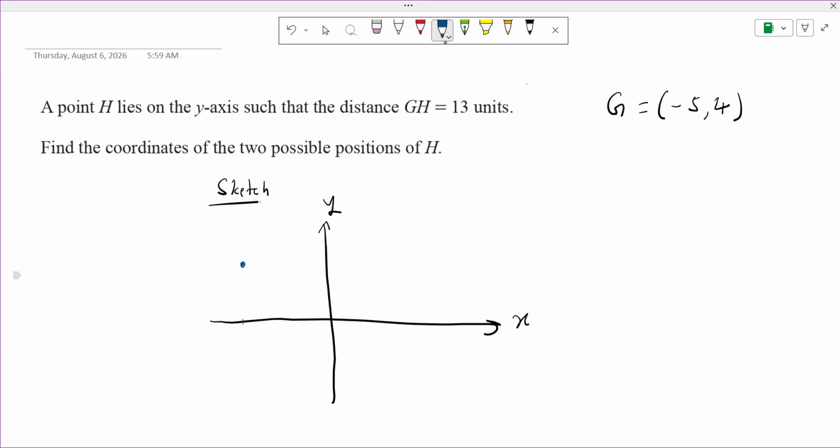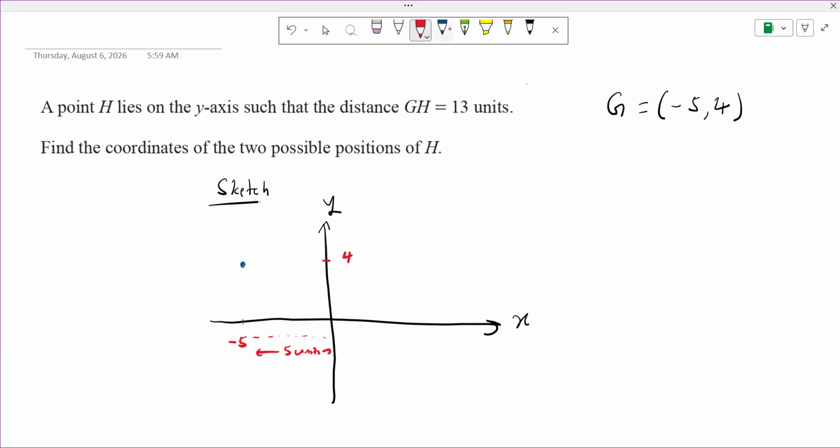So GH is 13 units. This horizontal length is only 5 units, therefore it cannot be 13.